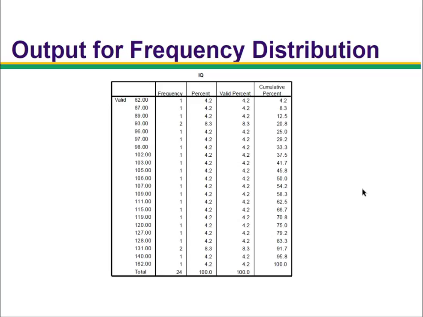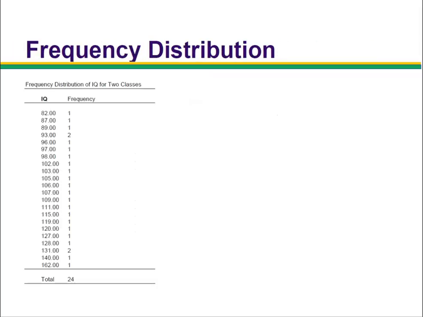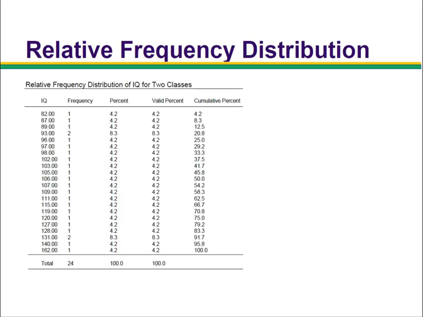Now, sometimes a simple frequency distribution is not enough. So we also create what's called a relative frequency distribution. A relative frequency distribution shows us percentages instead of counts. So instead of saying an IQ of 93 appears twice, as you can see in the table, we can say that an IQ of 93 appears in 8.3% of the cases.